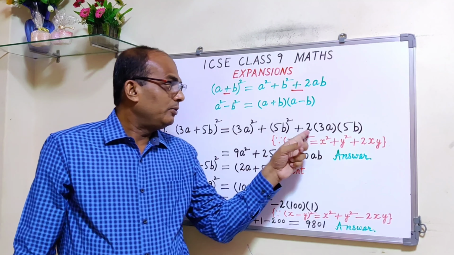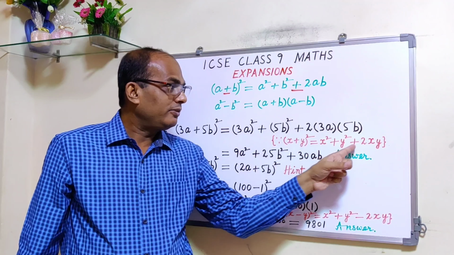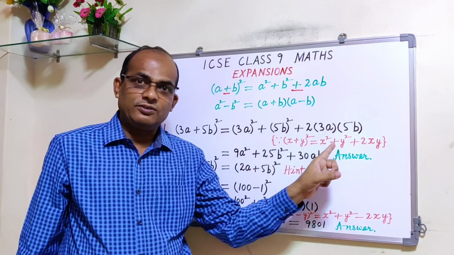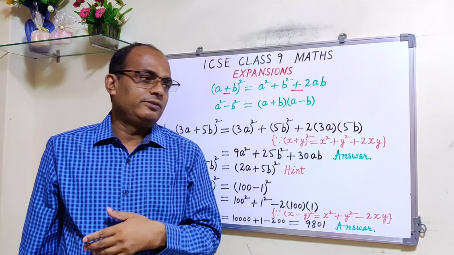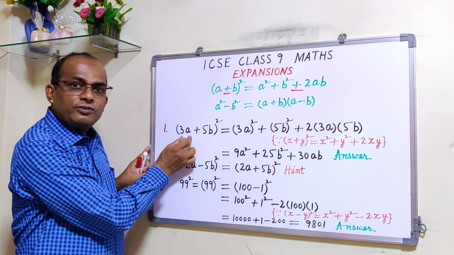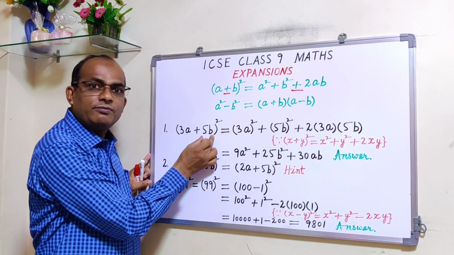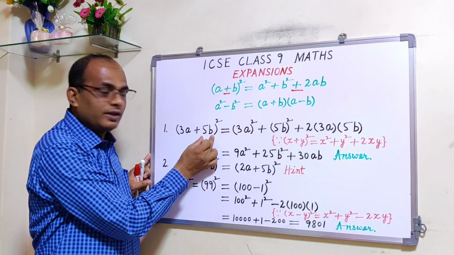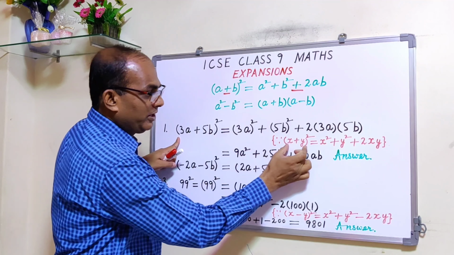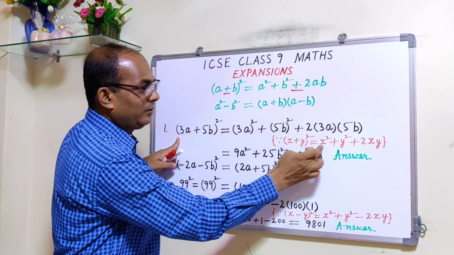So x plus y whole square is equal to x square plus y square plus 2xy, or x square plus 2xy plus y square, as I told you earlier. Either you can write down. Now if you compare this with this, you can see that in place of x you have 3a and in place of y you have 5b. Now see the formula, x plus y whole square is equal to x square.